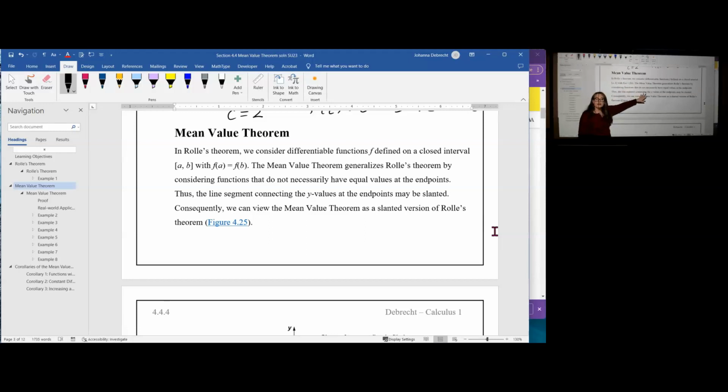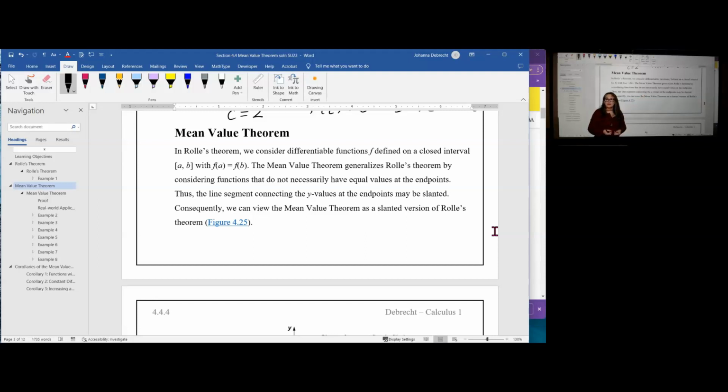The mean value theorem generalizes Rolle's theorem by removing the third condition. It's no longer necessary that the function value at a and the function value at b be equal to each other. This means that we could have a slanted secant line connecting f of a and f of b. The slope of that line will no longer be 0.